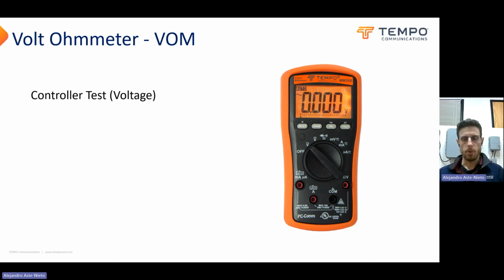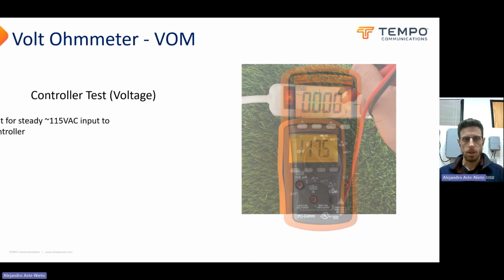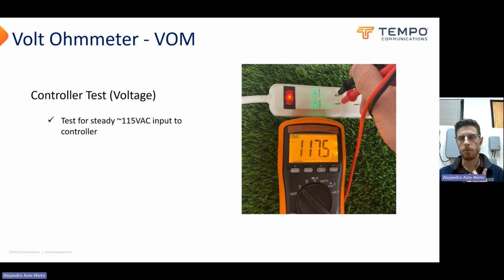So now that we're testing voltage, we can test the input voltage into the controller to make sure that's not our problem. Here in the US, things used to be, I think, 110 volts, and then they got raised to 120, but things can be in that range, 115, 120.